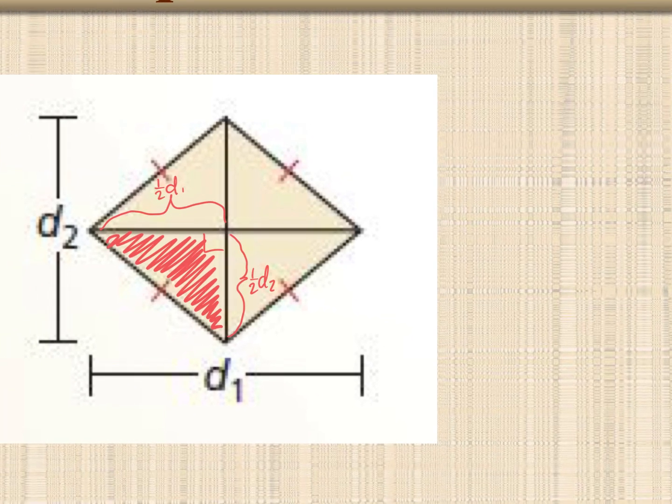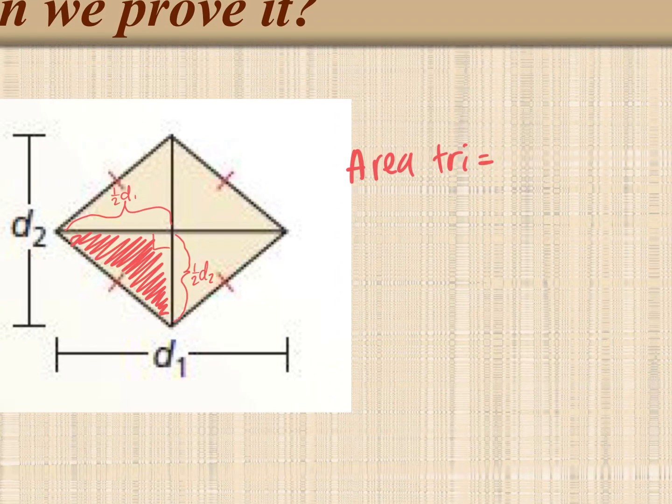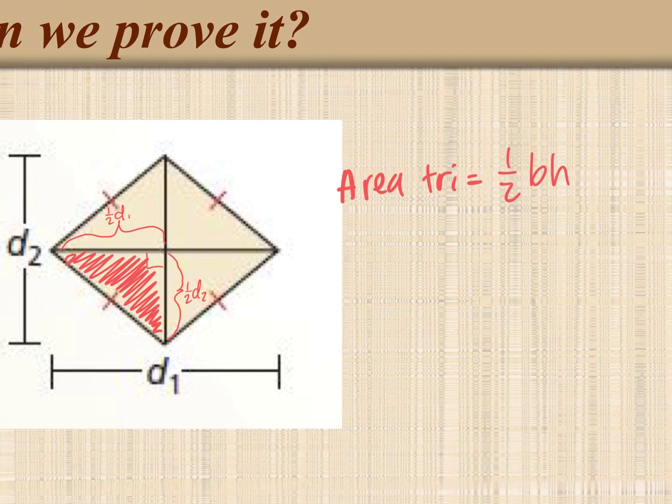So let's find the area of this triangle. We're going to write area of triangle, I'll abbreviate with TRI, equals, what's the area for a generic triangle, guys? 1/2 base times height. Now, this one's kind of inverted a little bit, but what could we make the base of our right triangle that we drew?